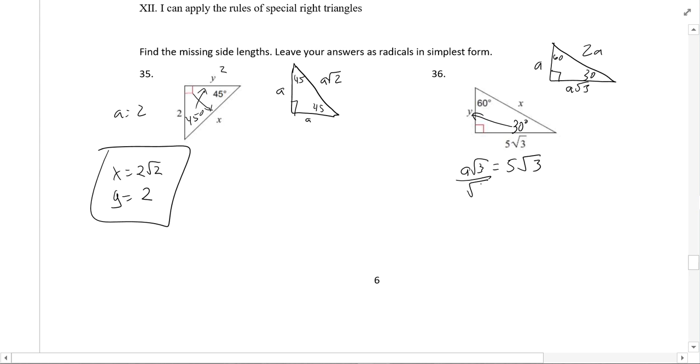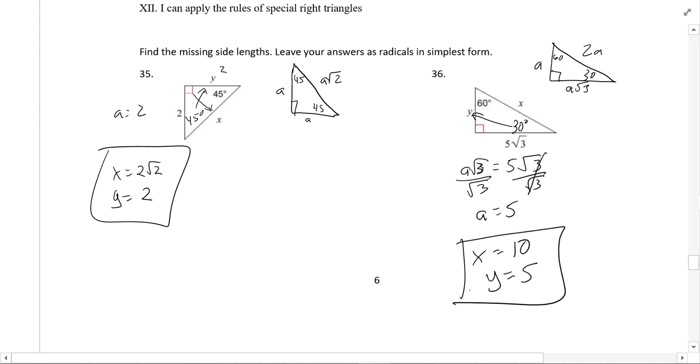In order to get A by itself, we would divide by rad 3. These would cancel, which means A equals 5. So now that I know A equals 5, opposite of 30, in this case y, would equal 5. And opposite of 90, in this case x, would be 2A. So x is equal to 10, because 2 times 5 gives us 10.